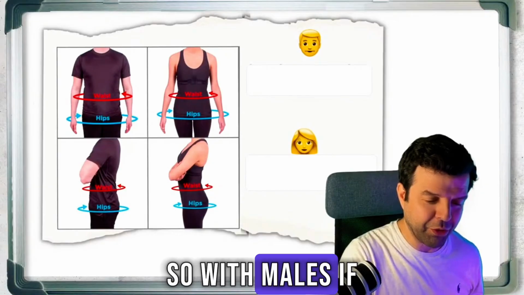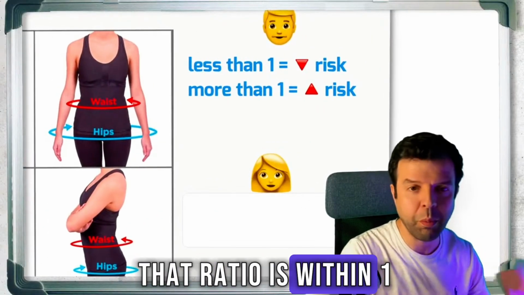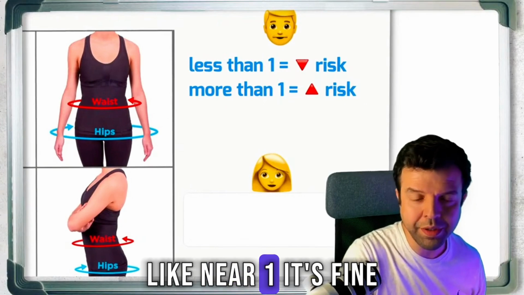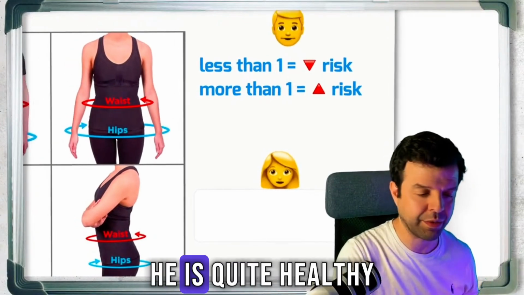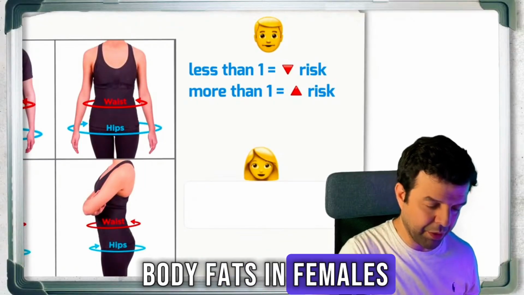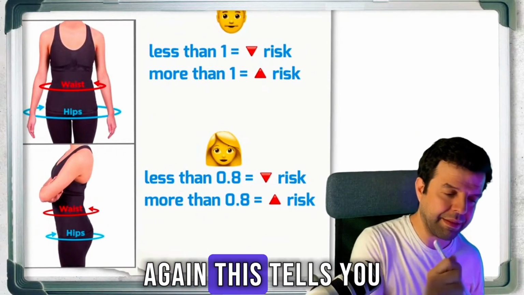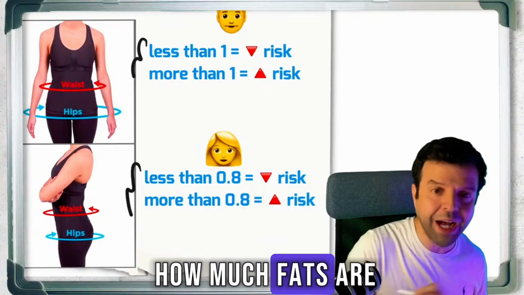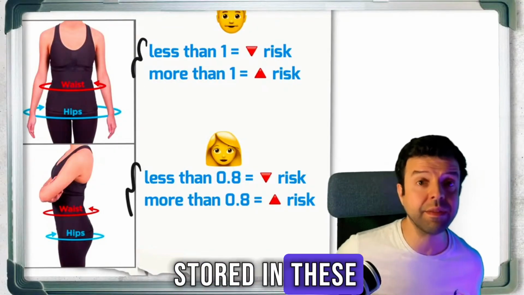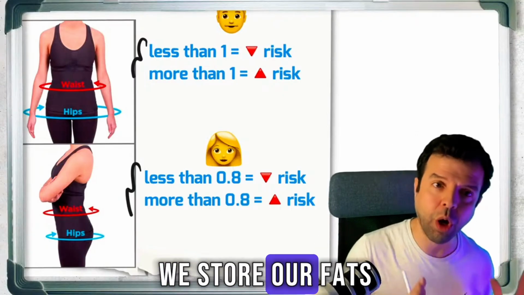So with males, if that ratio is near 1, it's fine. He is quite healthy. He doesn't have much body fat. In females, it should be around 0.8. Again, this tells you how much fat is stored in these body parts, because that's where we store our fats.